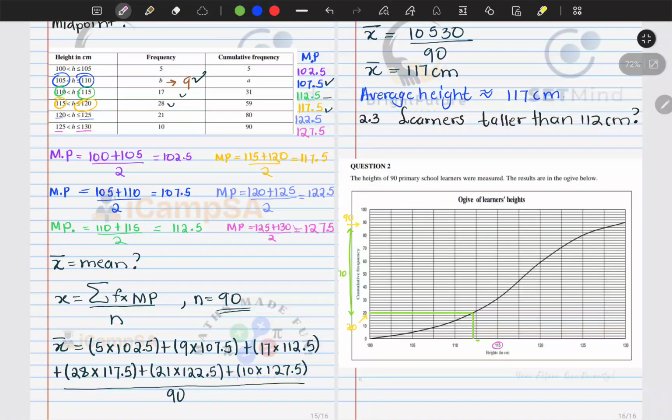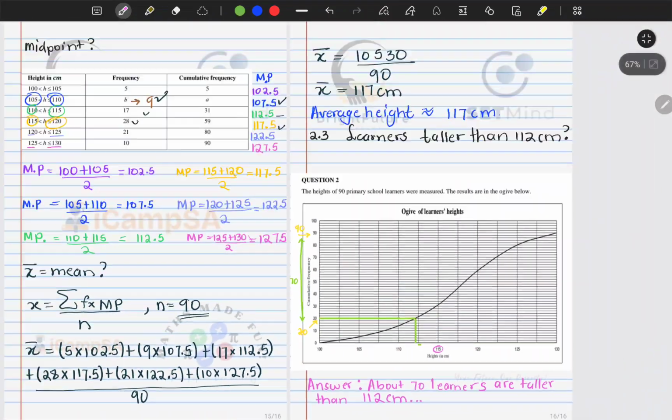If you observe carefully, we are going to say here our answer: about 70 learners are taller than 112 centimeters. So you just need to use this here.